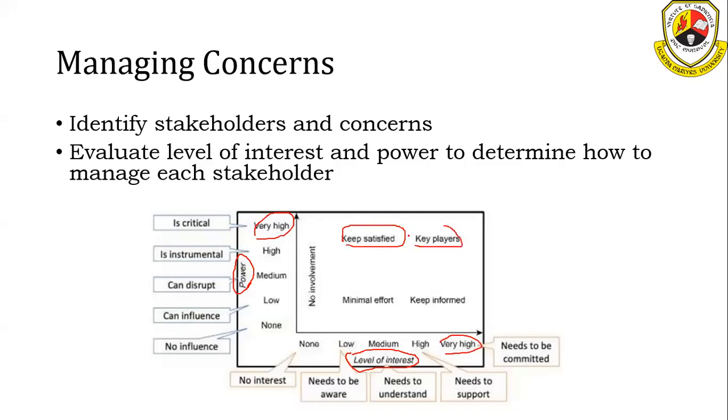These are the key players that must be satisfied, and they must be kept informed. So the lower the interest, the minimal effort that one puts in. But the higher the interest and power, the more important it is that these people be kept informed.